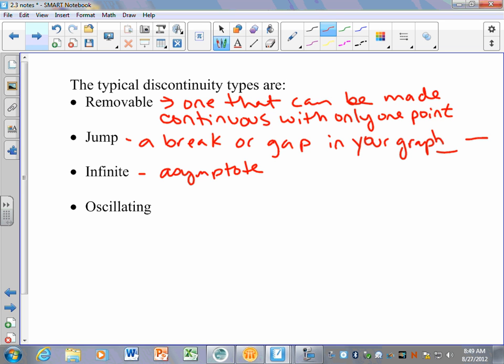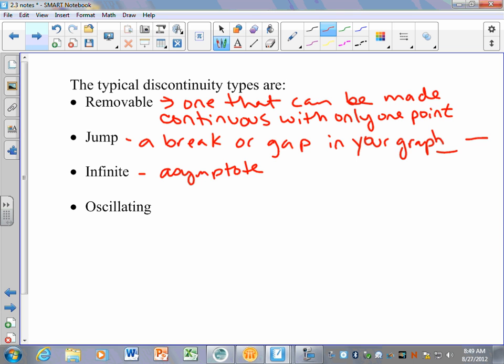Because when we're talking about discontinuity, we're talking about x values. We're talking about not being continuous on the whole domain. Does that make sense? So I'm normally talking about vertical asymptotes. If there's a horizontal asymptote, do we have any functions that have just a horizontal asymptote and not a vertical asymptote? I'm trying to think, because I feel like they go hand in hand.